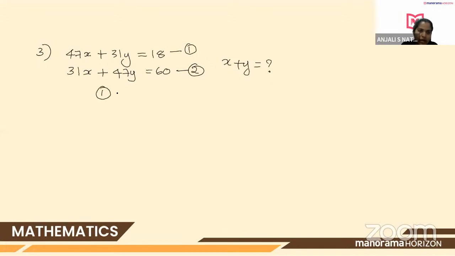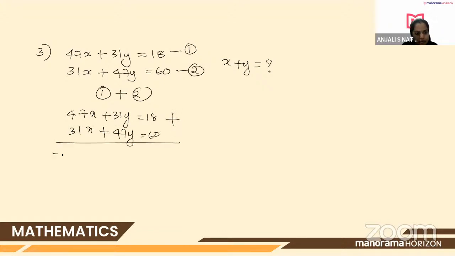So equation 1 plus equation 2 gives 47x plus 31y is equal to 18 plus 31x plus 47y is equal to 60. So here it is 78x plus 78y is equal to 78.